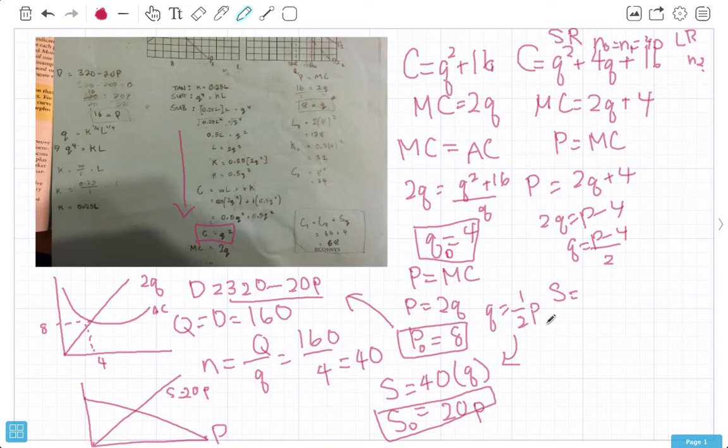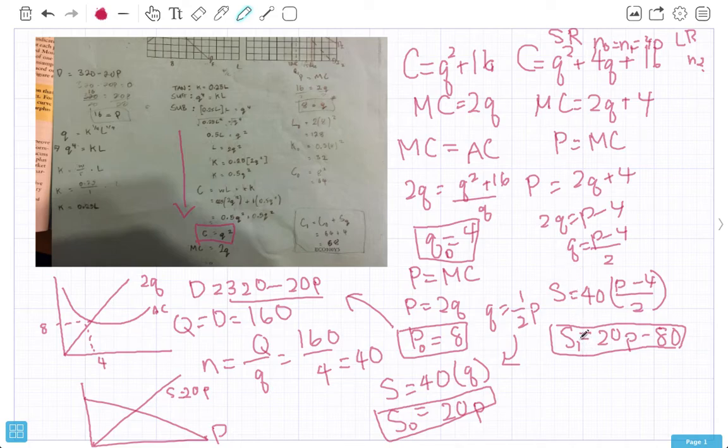So you'd have your supply curve, the number of firms, which is 40 because it stayed the same, and then plug in the quantity here. So instead of plugging in 4, you plug in this identity here, and then you would have 20p minus 80. So that's your supply curve 1 after the tax.